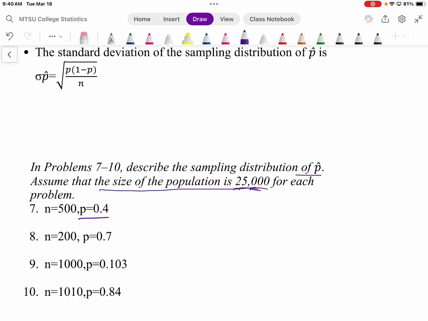Well, what can we say first? Mu sub p hat is equal to whatever p is, so that means it's equal to 0.4. The mean of the sampling distribution of p hat is equal to 0.4.